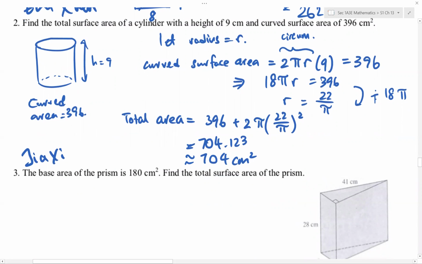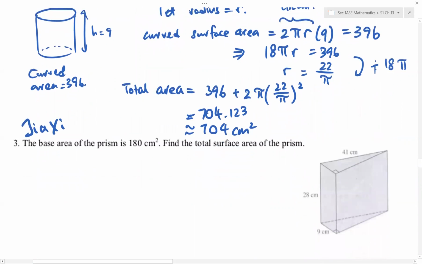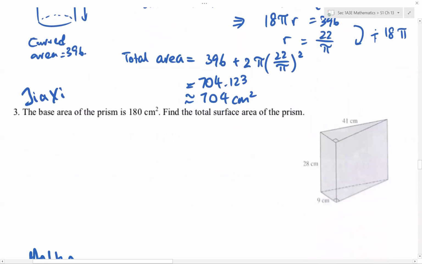Now it's your turn. For question 3. Base area is 180, find total surface area. I will help you, come on. Okay, base area is 180, okay?